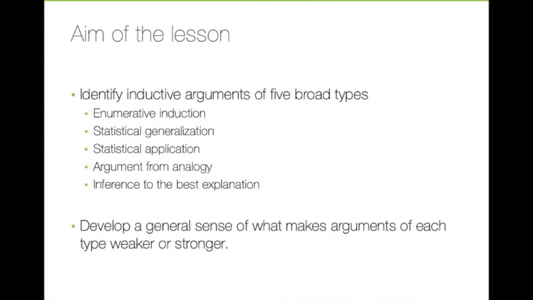So in this lesson, we're going to look at 5 broad types of inductive arguments: enumerative induction, statistical generalization, statistical application, argument from analogy, and inference to the best explanation. And we'll get a general sense of what makes arguments of each of these types weaker or stronger.